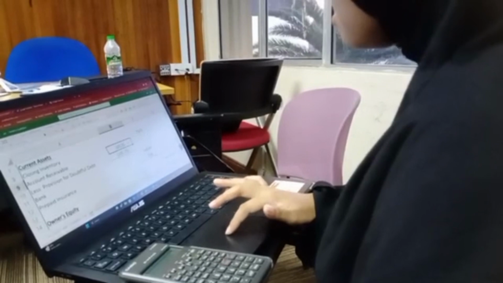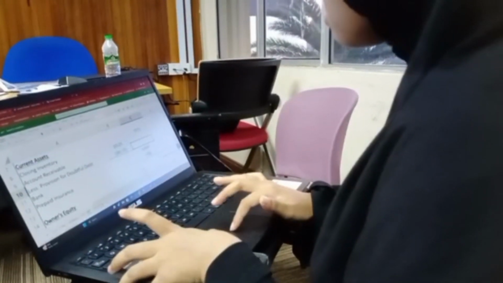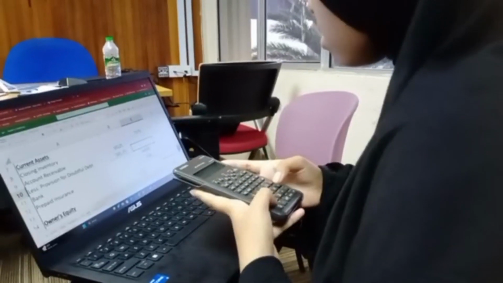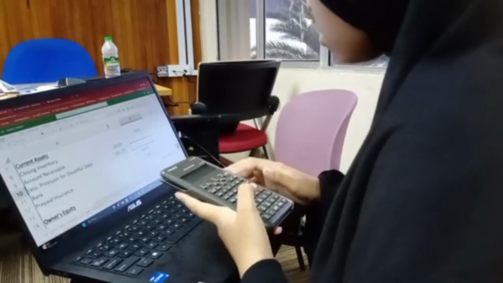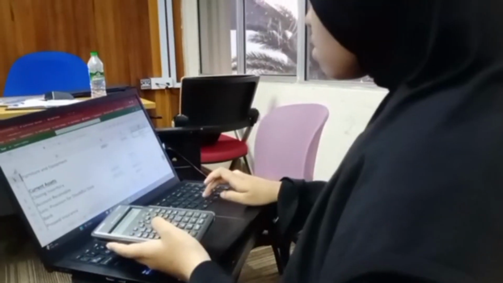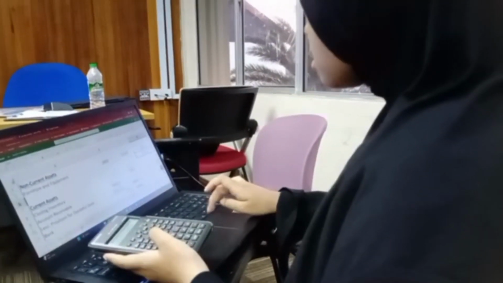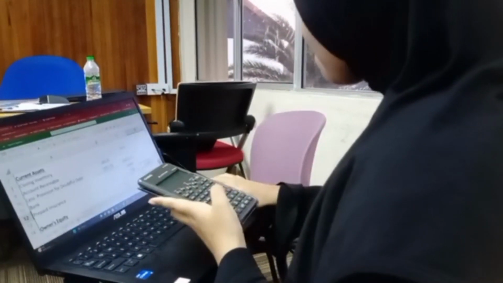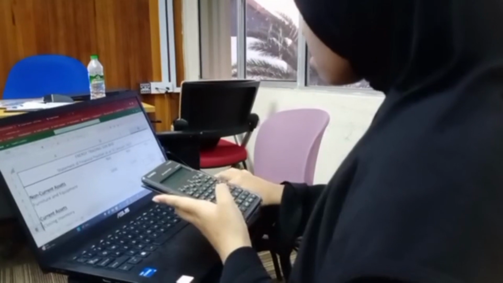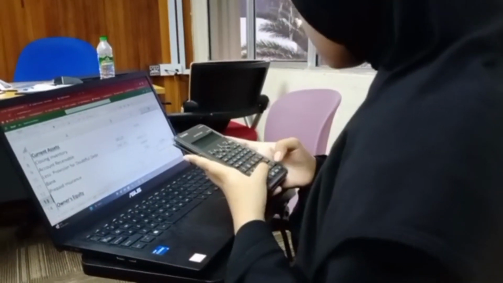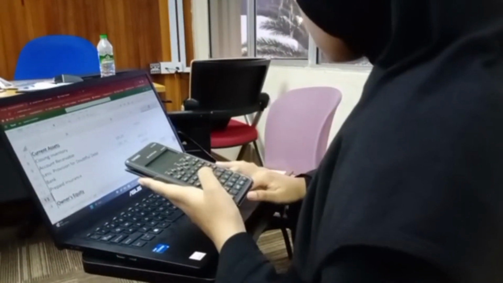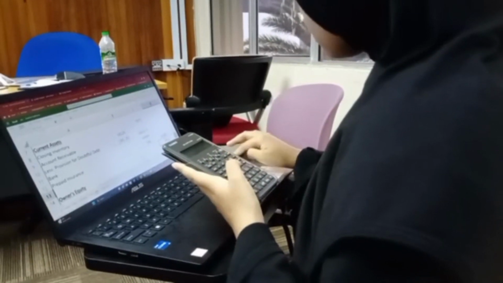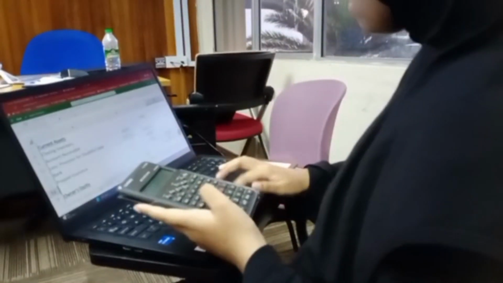Now let's total up the current asset. Then the total non-current asset we plus with current asset, and we got the total.